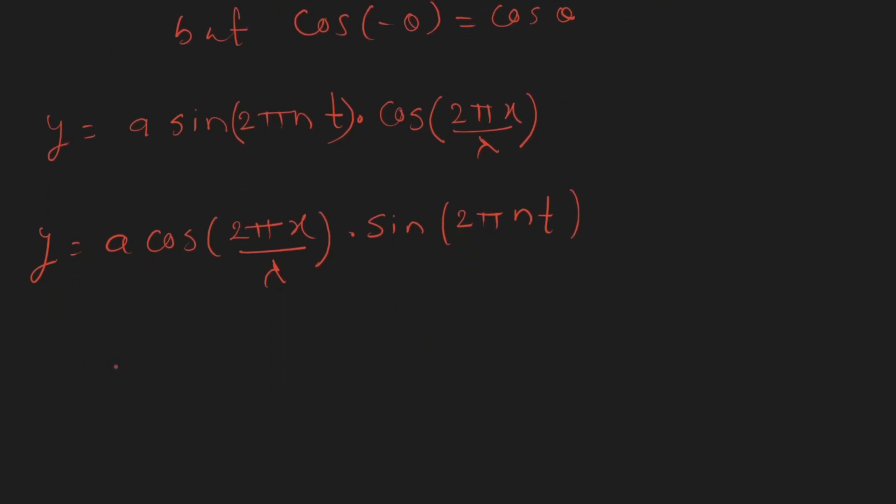Let capital A equal a, we will consider this complete term as a cos 2 pi x upon lambda.